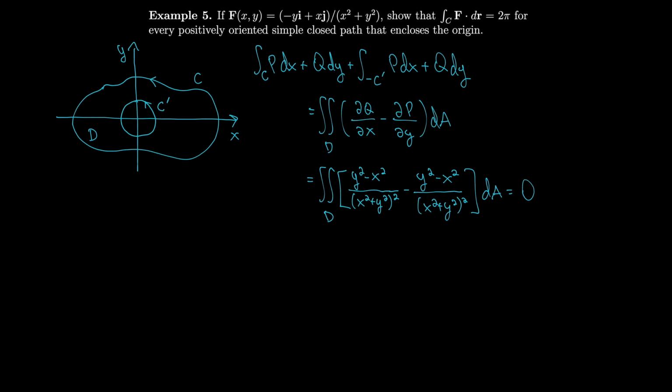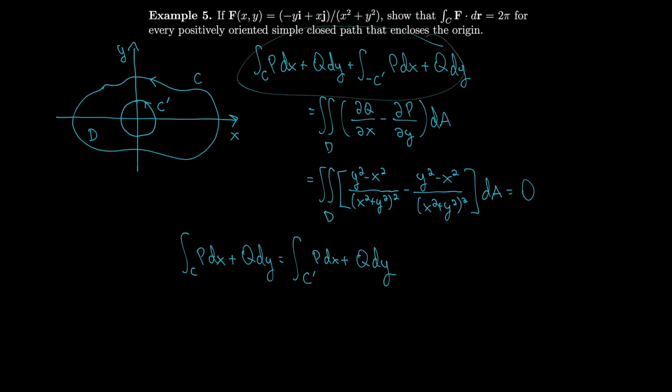Great. So that means that the line integral over C of P dx plus Q dy must be equal to minus of this guy. But if I throw in a minus, that's the same as just making another minus over here and making this plus. So it must be equal to the line integral over C prime in the positive orientation of P dx plus Q dy.